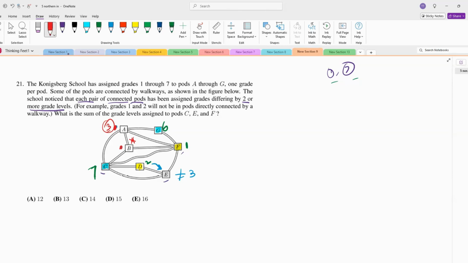What does that tell us? That means this has to be 4. This has to be 4, and then we are done. We just add 7 plus 4 plus 1, we get 12. So feel free to pause the video and think about it for a minute.